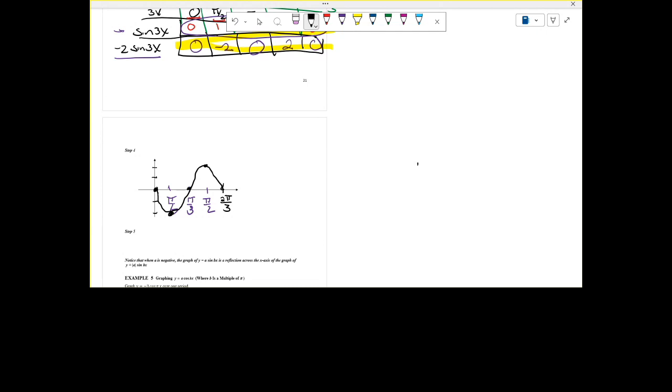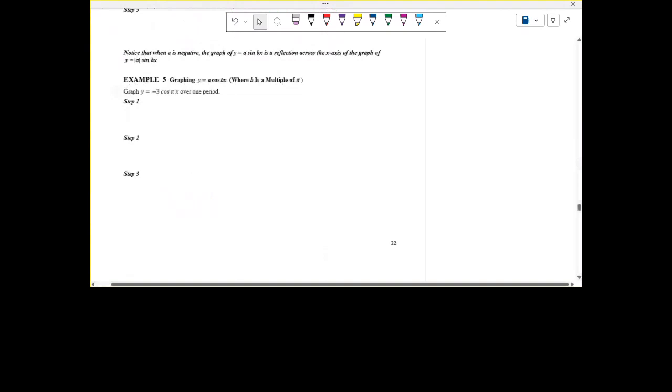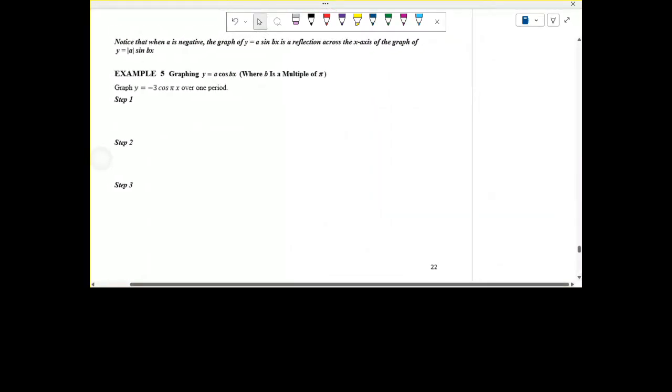Then we can just find our function values. Okay, let's try another one and see what we've got here. Example 5 says, let's graph y equals a cosine bx. It says b here is a multiple of pi. First thing we're going to do is look for our period.